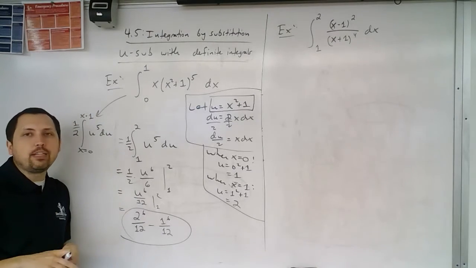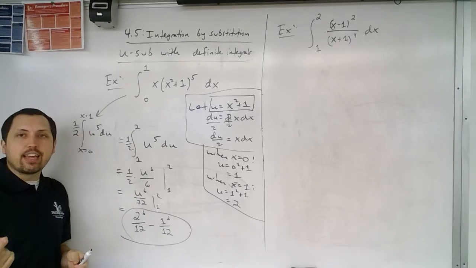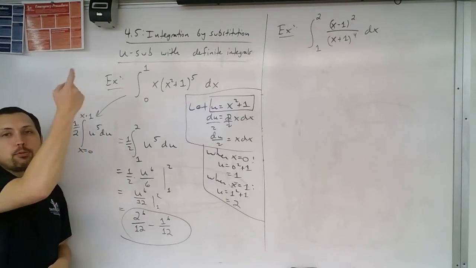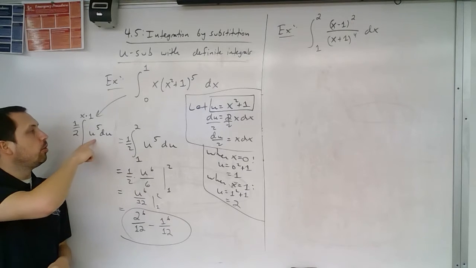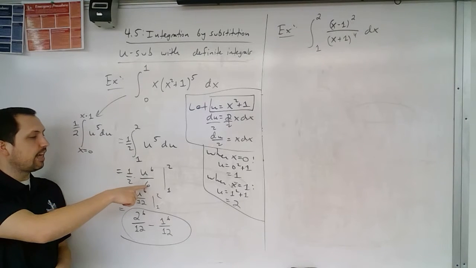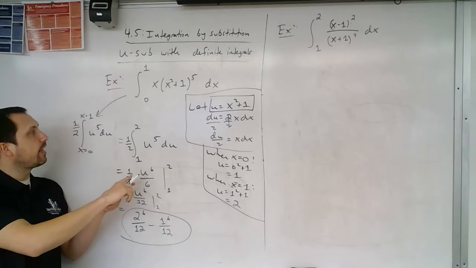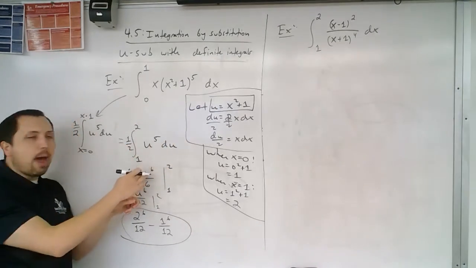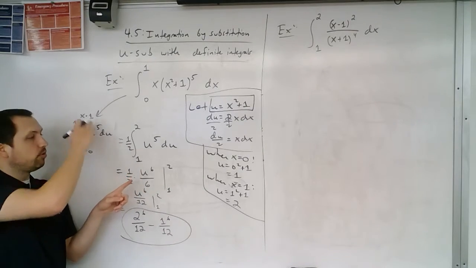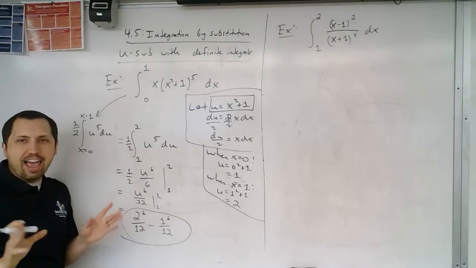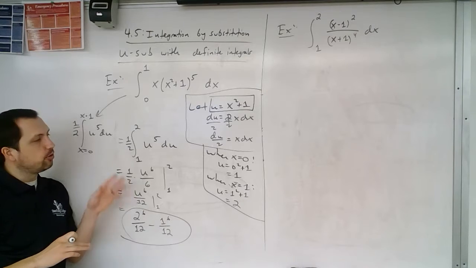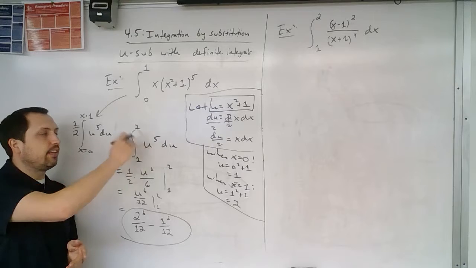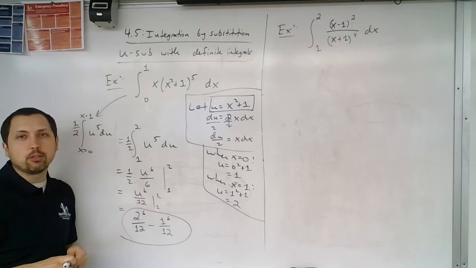Then they'll do the same thing that we did with our indefinite integrals by integrating this, then substituting x back in. So you'd have u to the 6th over 6, but again, you'd write x equals 0 to x equals 1, then you would substitute that back in, and then substitute those bounds in. I think that's just more work than necessary, so that's why I suggest changing the bounds. Then it's very easy that everything here is just in terms of the correct variable.